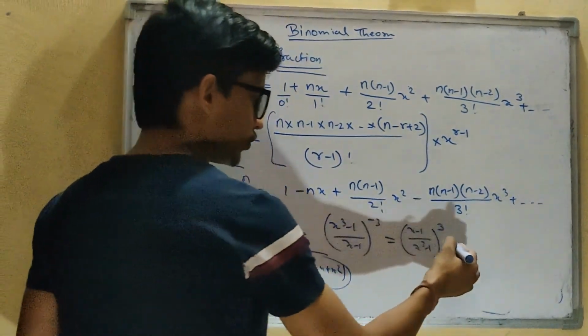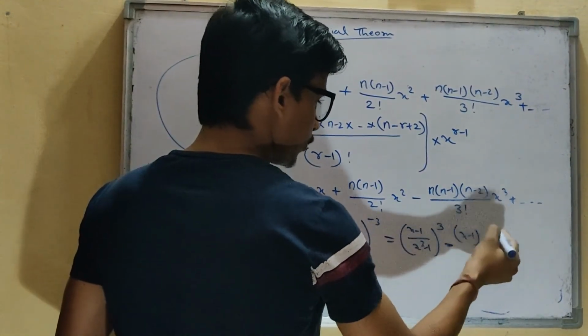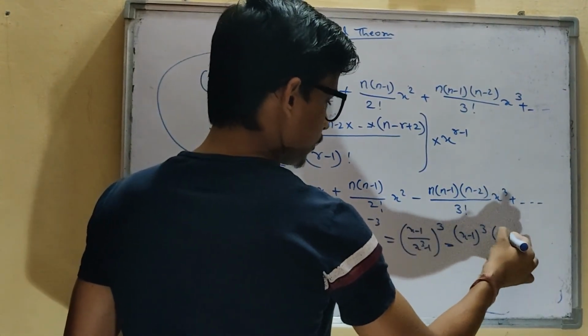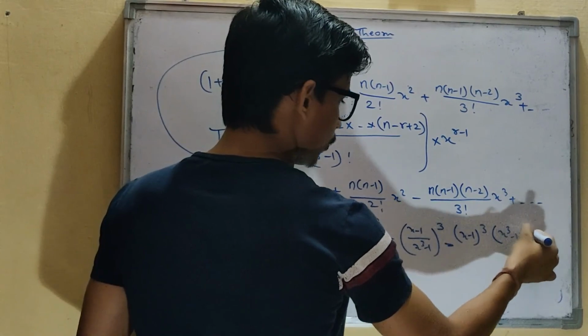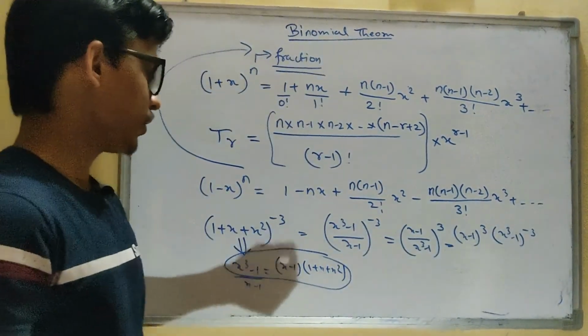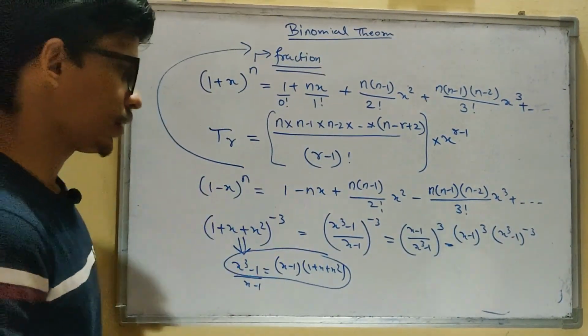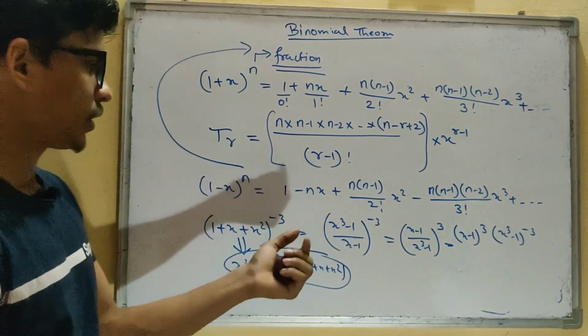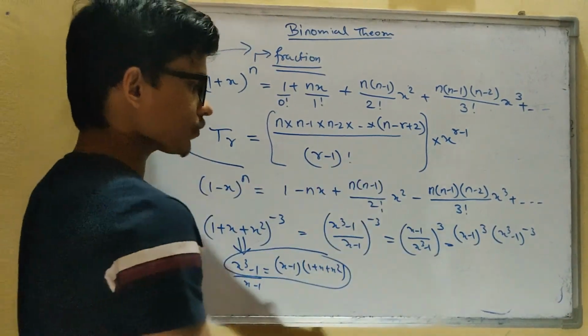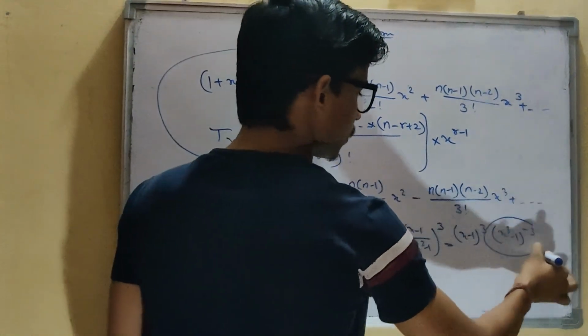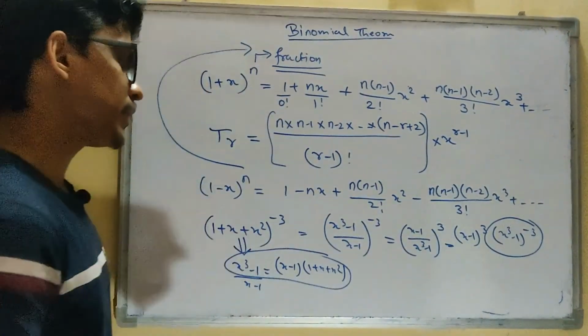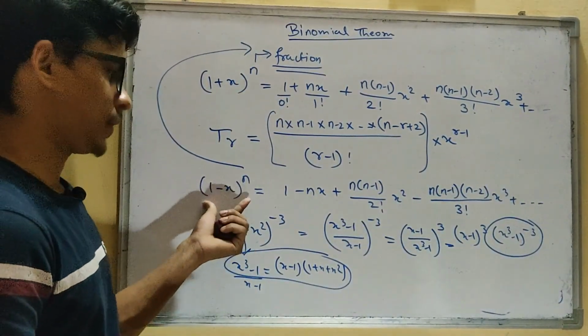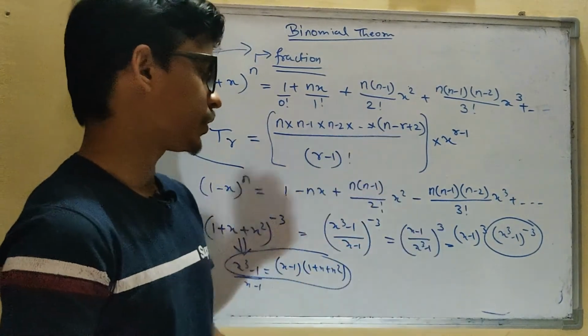So now you have (x - 1)^3, and this becomes (x^3 - 1)^(-3), which you can expand. For this particular thing you can write it this way. Now expand this by using the formula. This is how you can do it.